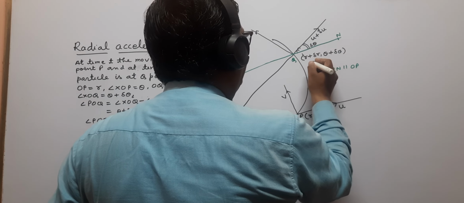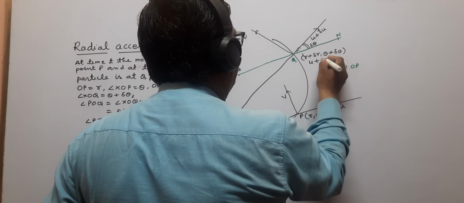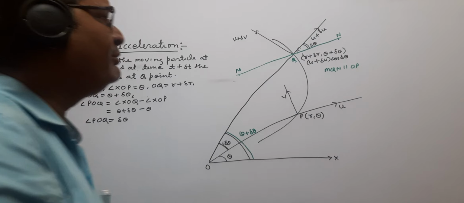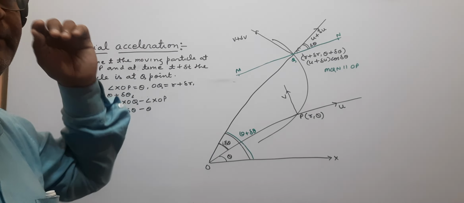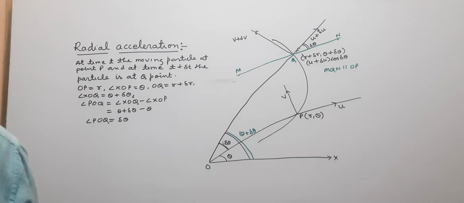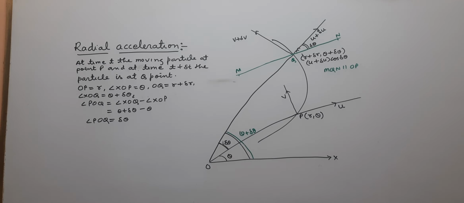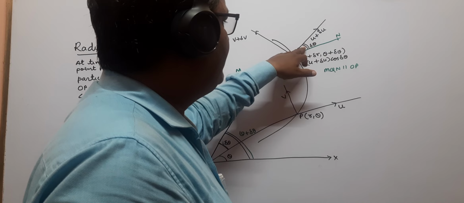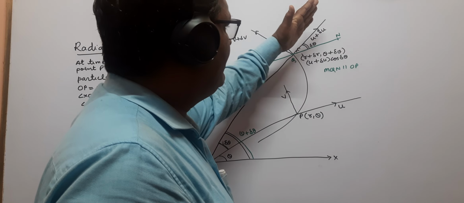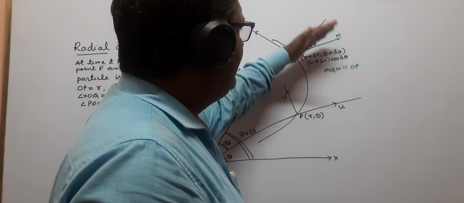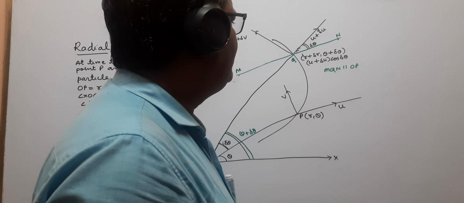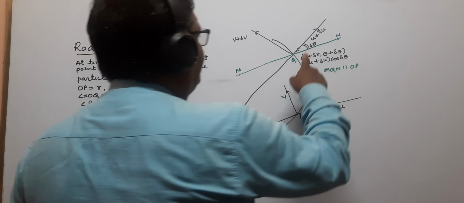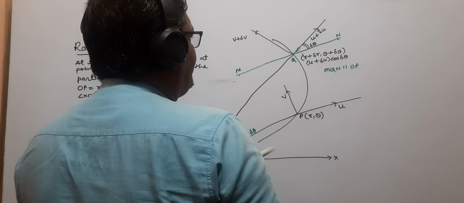Because this angle is del theta, the component of u plus del u along QN is (u plus del u) cos del theta. This is the horizontal component.